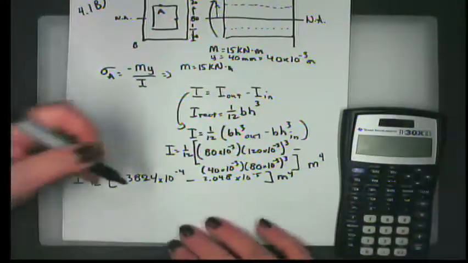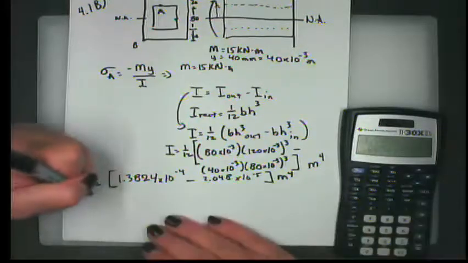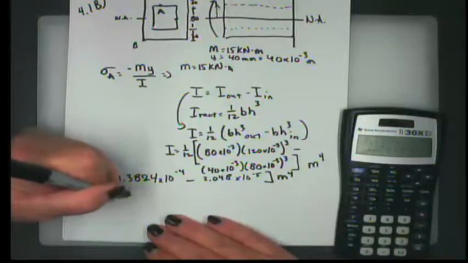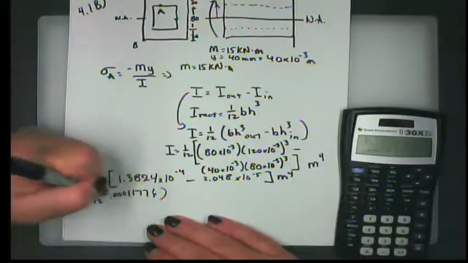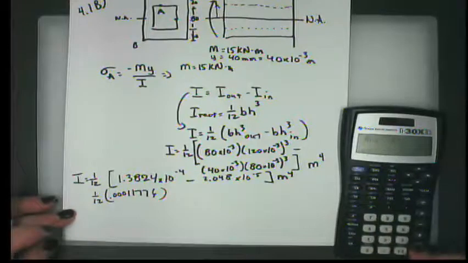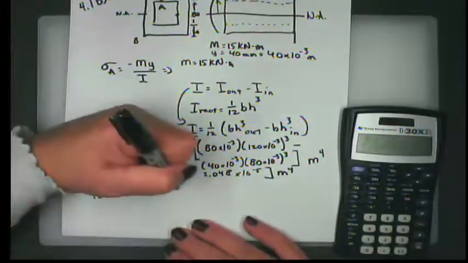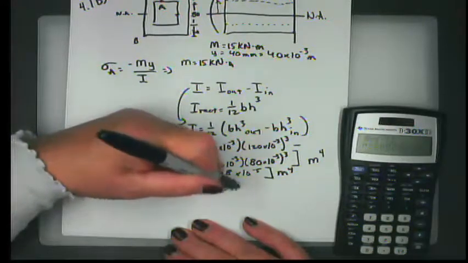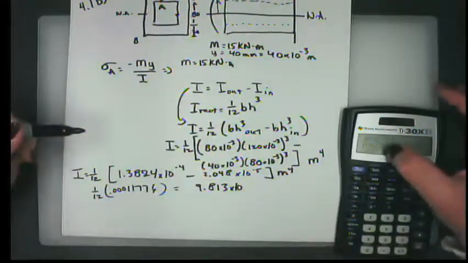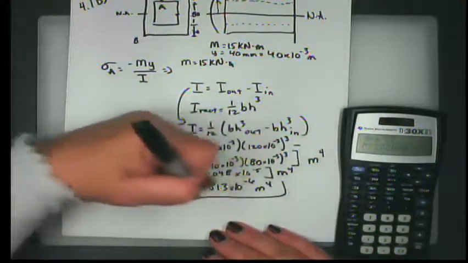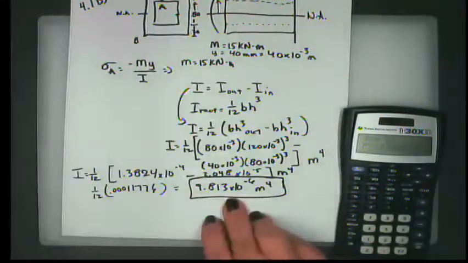That number becomes this little bitty number, which is 0.000117776. So I divide that number by 12, and I get my I is equal to 9.813 times 10 to the minus 6 meters to the fourth. Okay, so there's my I.